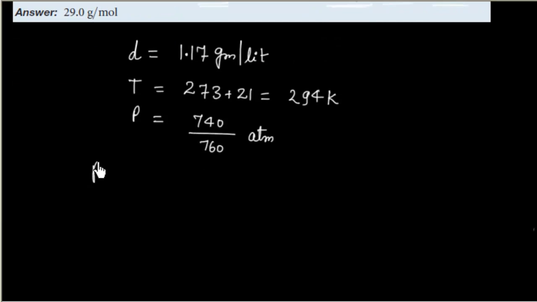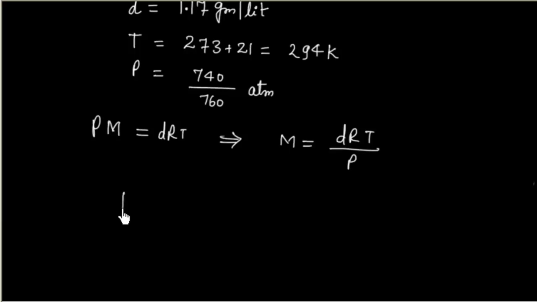And then we can straightforwardly apply the formula PM is equal to dRT. So from here I can write molecular mass is equal to dRT by P. Let us plug in these values.